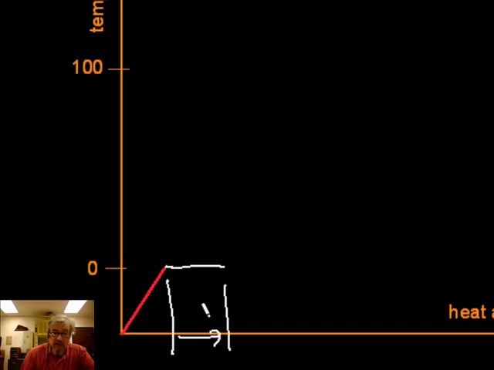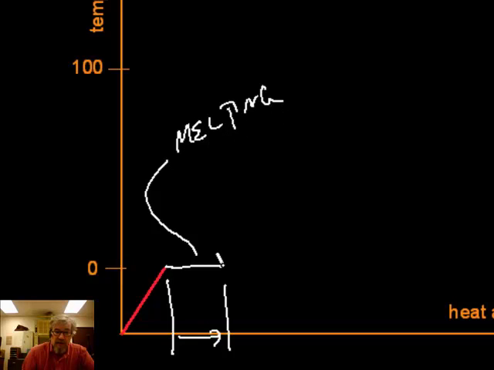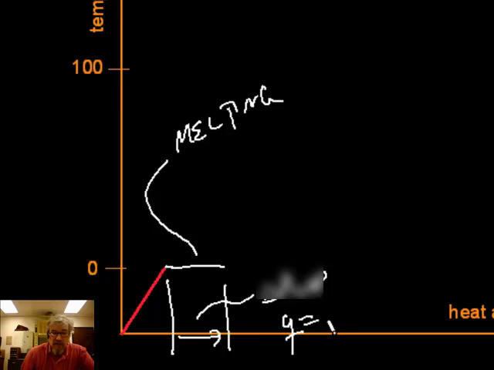What that means is the energy has all gone into potential energy, or energy of position, as the particles got moved farther apart, making liquid water. So this process here is melting. That's what's happening when this flat spot occurs. Q for this process is delta H fusion times the number of moles.